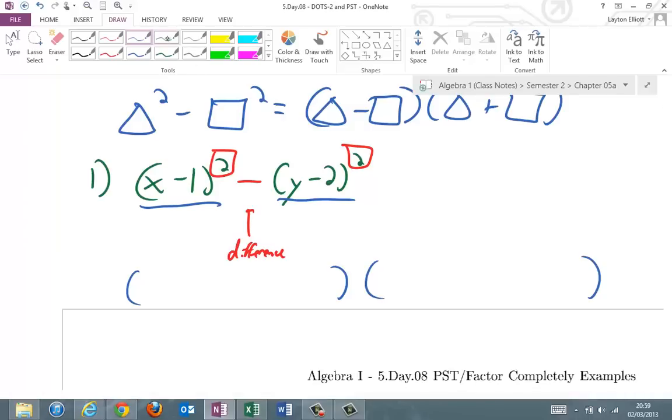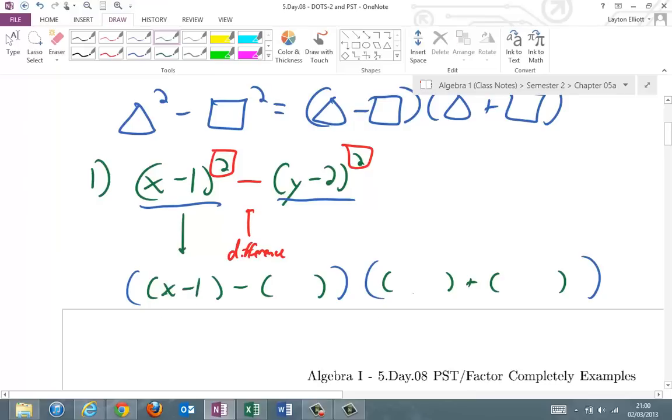I'm going to draw grouping symbols here, this minus this, and this plus this, because difference of two squares factors into two conjugates. Then we look at the first and say, what's the square root of x minus 1 squared? Well, that's just x minus 1. That's also going to be x minus 1. And then the second one is y minus 2 and y minus 2.